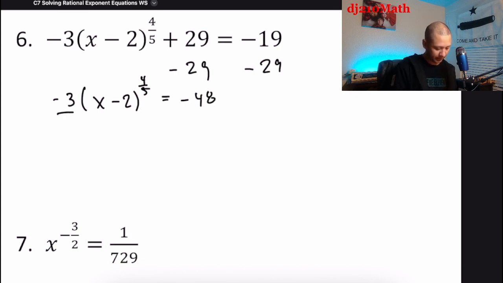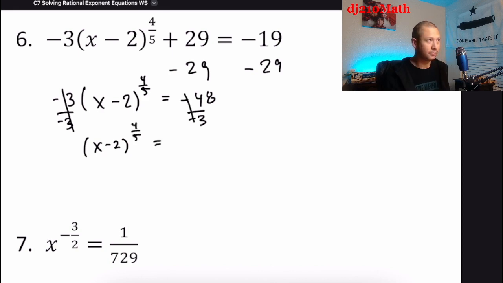Divide both sides by negative 3. Cancels on the left. X minus 2 to the 4/5 is equal to, negatives cancel, 48 divided by 3, 16. Right? 3 goes into 4 once. 3 goes into 18 6 times.